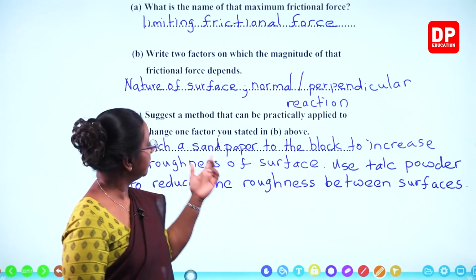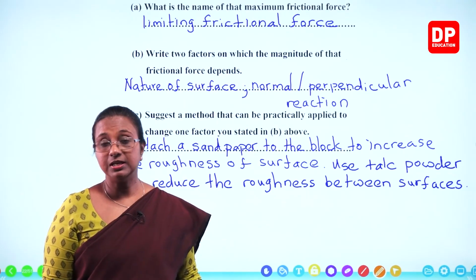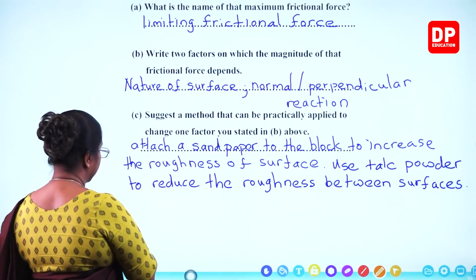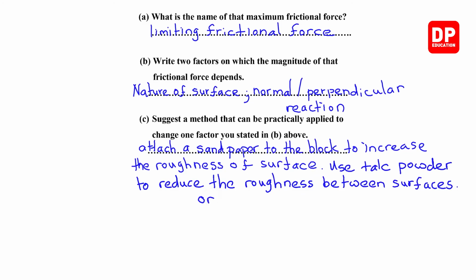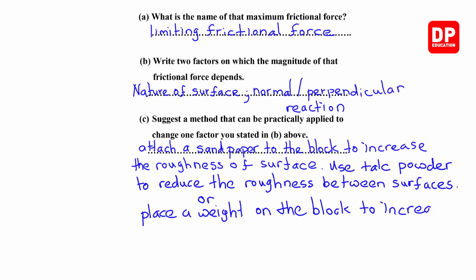So to increase the normal or perpendicular reaction, you can write: place a weight on the block to increase the normal reaction.